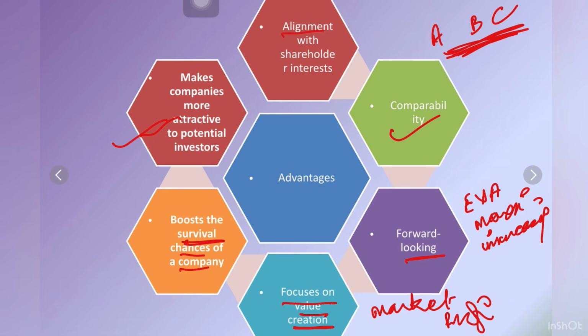Last we have alignment with the shareholders' interest. Shareholders are always interested in long-term wealth creation, right? So with EVA and MVA, it tries to align with the shareholders' interest and tries to maximize its value.